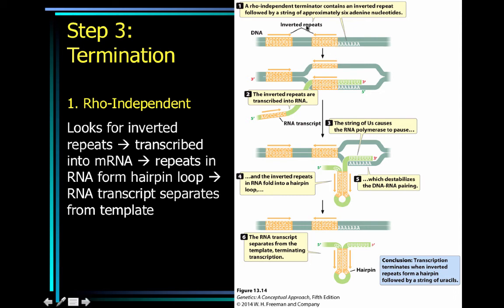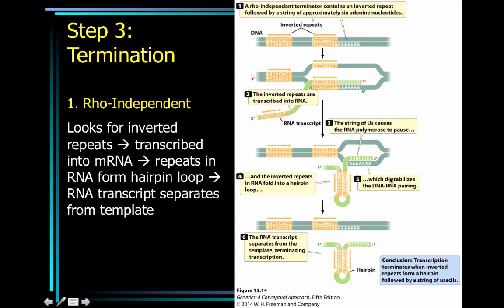Okay, so if we follow this through the process, we've got our specific sequences followed by our poly A tail over here. And the inverted repeats are then going to be transcribed into messenger RNA. And that string of uracils, this is why uracil is such an important component of RNA, is going to cause RNA polymerase to pause. So that's like an internal signal.